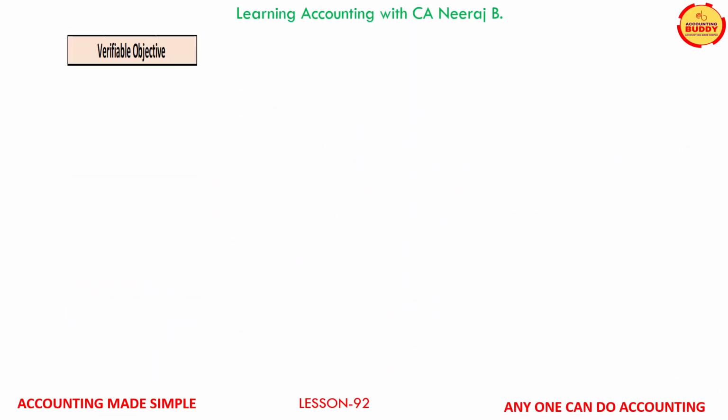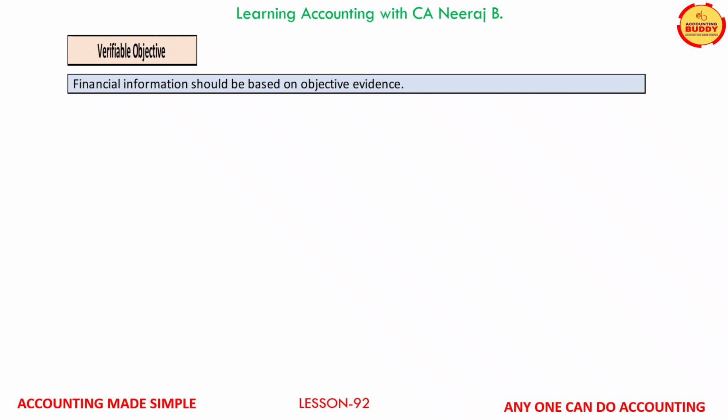Verifiable principle says that the financial information should be based on objective evidence. In simple words, every financial transaction recorded should be verifiable either by documentary evidence or a process or a calculation, as the case may be.